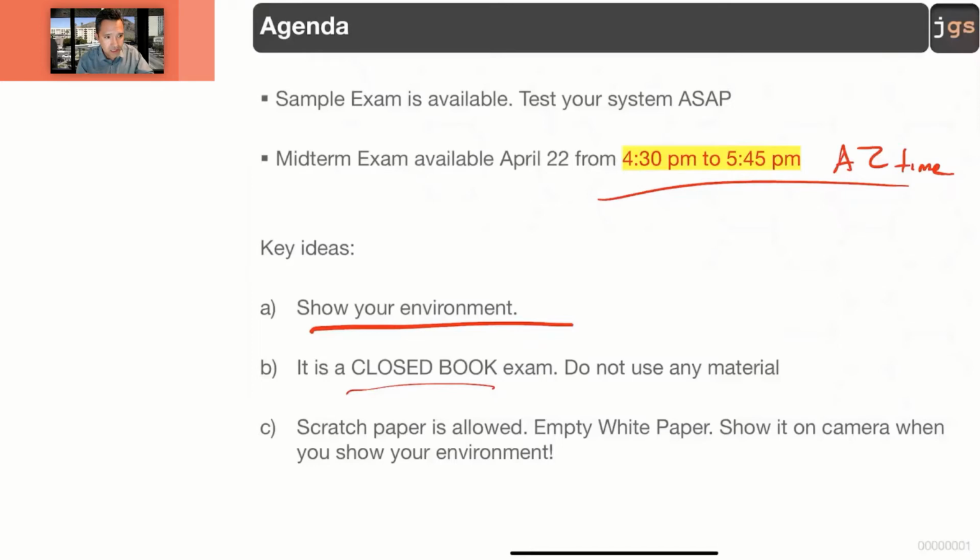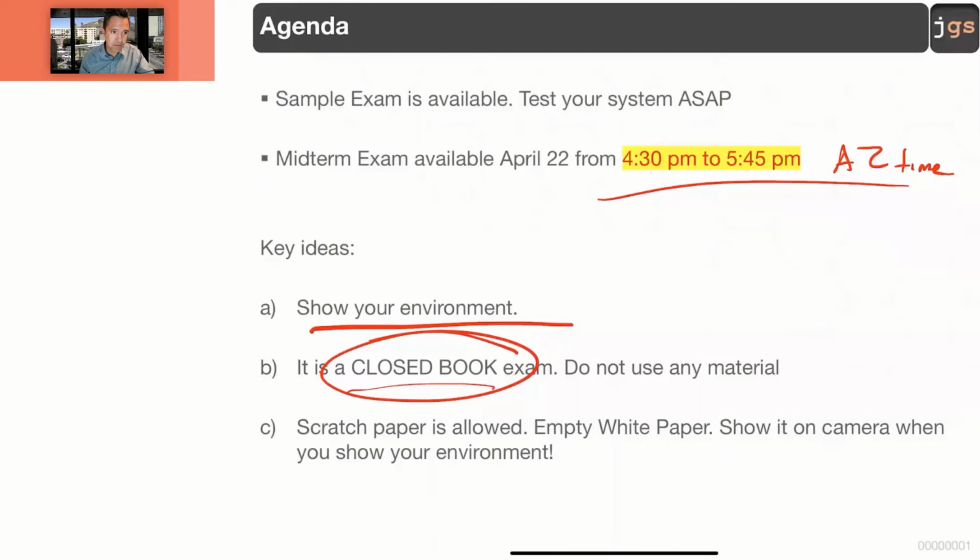You do not need to send me by email a copy of whatever you write on the paper. We do not need that. You can destroy that. The only thing is at the beginning, you show the paper that there is nothing there. So you are not cheating in the exam, right? You are using the paper just to take notes or whatever you need to do during the exam.